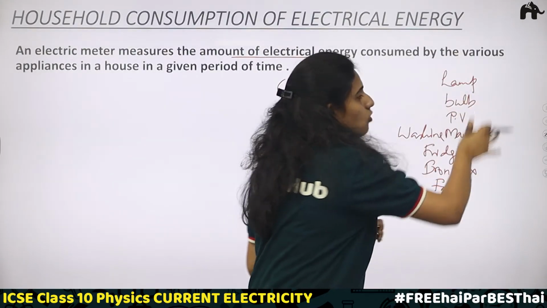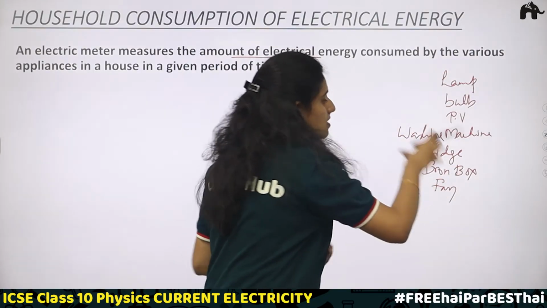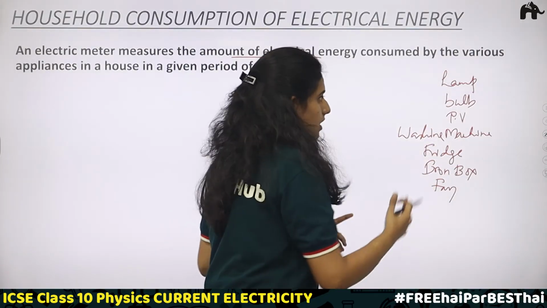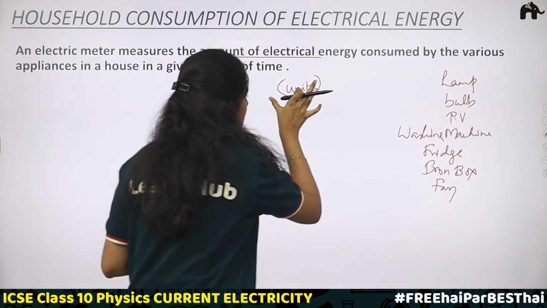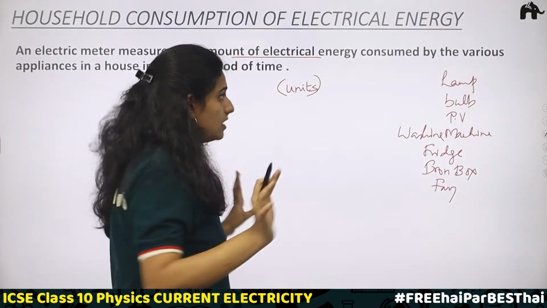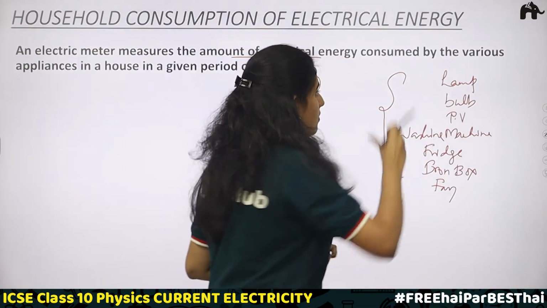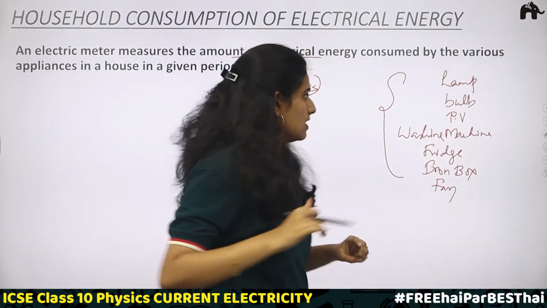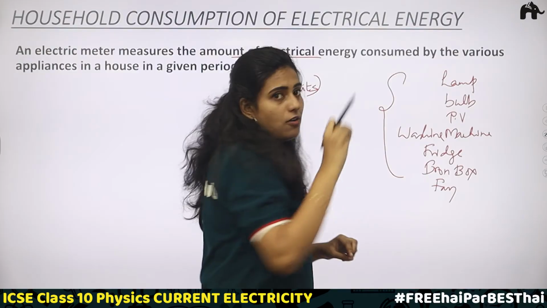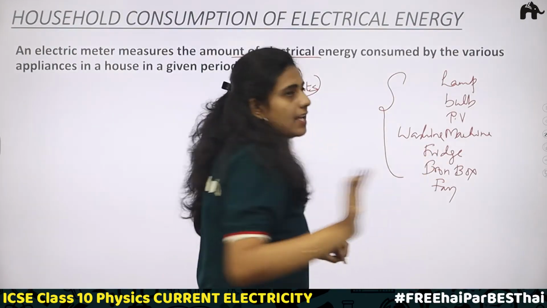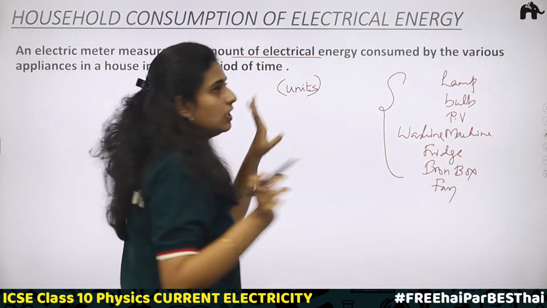The power rating and voltage rating of all these devices are not equal. They are different. So when you have this many units of energy consumed in a given month, it is because of all these, depending on the power and voltage rating of these devices. When you take the sum of all these, you get the total energy consumed, in units.